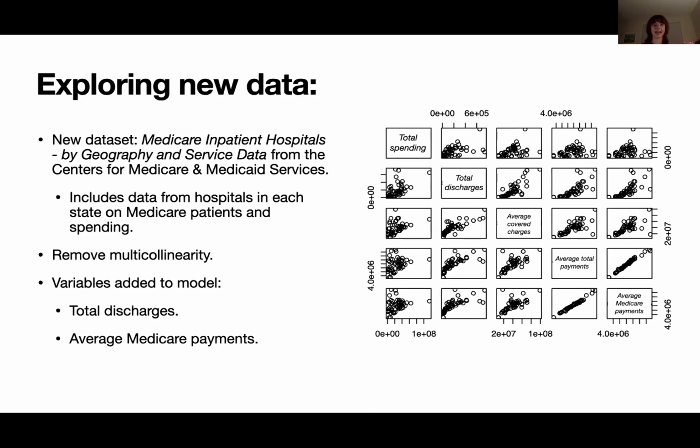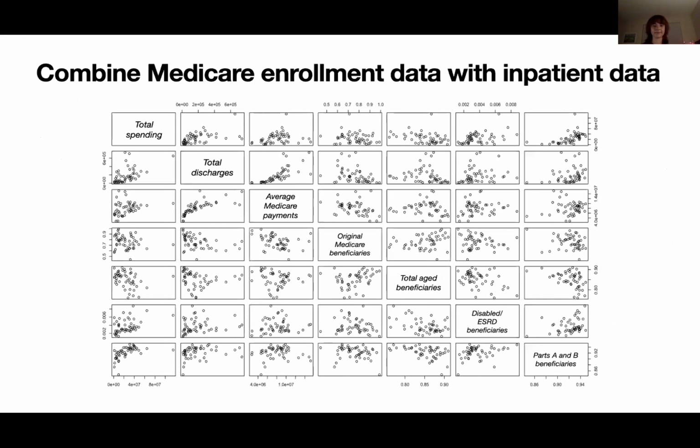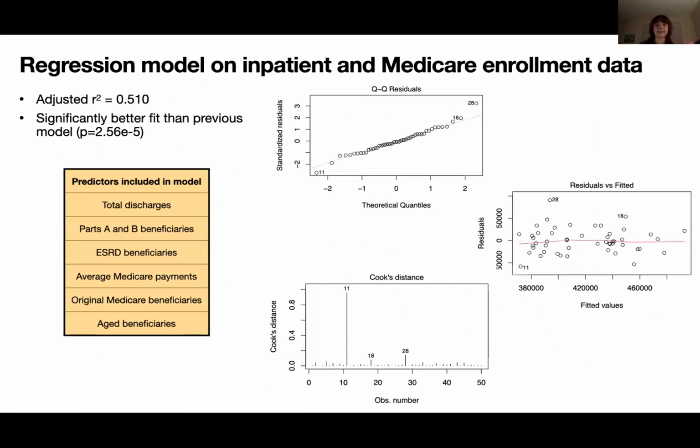And so I added these 2 variables to my model, and then I made sure that there wasn't any collinearity between the independent variables. And then I found that for this regression model, there was a significantly better fit than the model that only included the Medicare enrollment subpopulations.